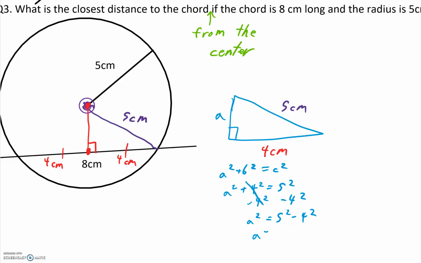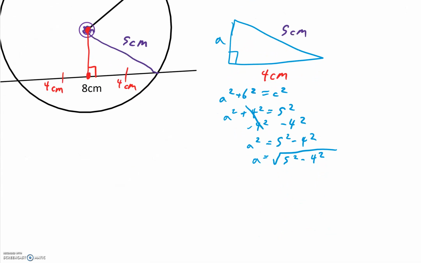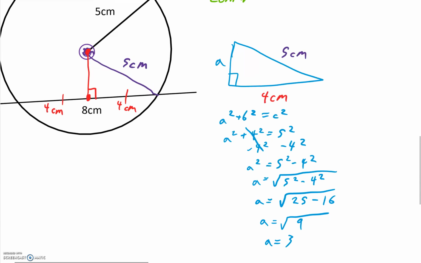Then a equals the square root of 5 squared minus 4 squared. I'm writing it out very detailed so you can follow along, but you don't really have to write it quite so detailed. Square root of 25 minus 16. And look at that, it's our perfect ratio again. Because we have square root of 9, a is 3. So maybe you would have seen that perfect ratio right at the beginning, 3, 4, 5.